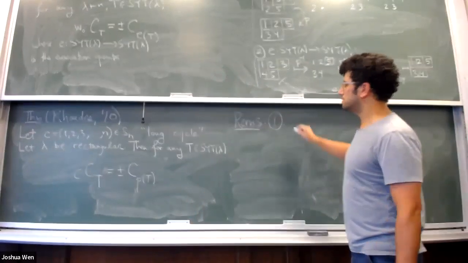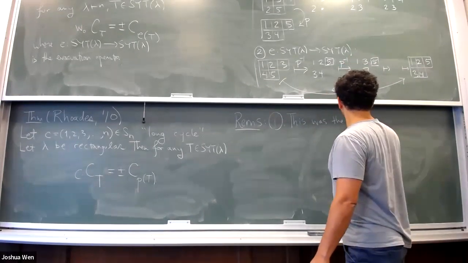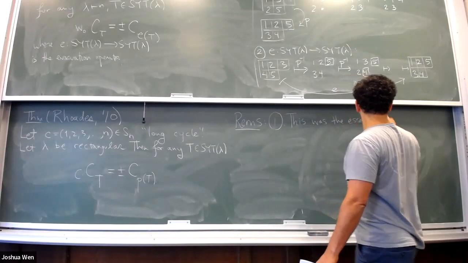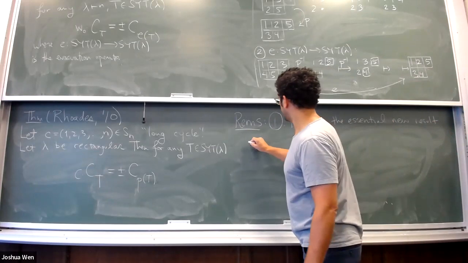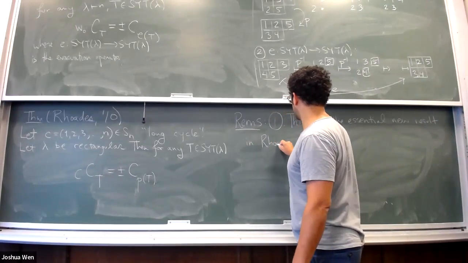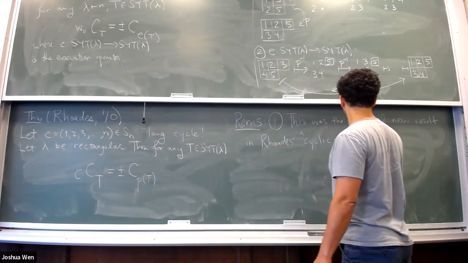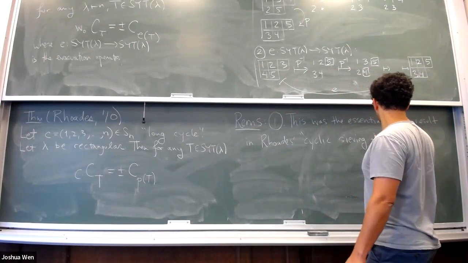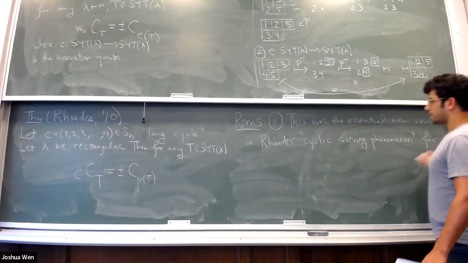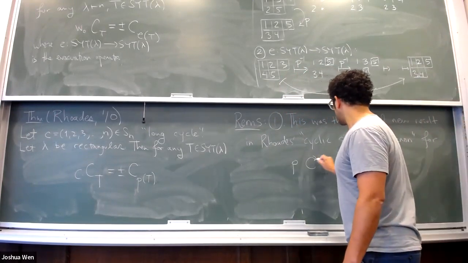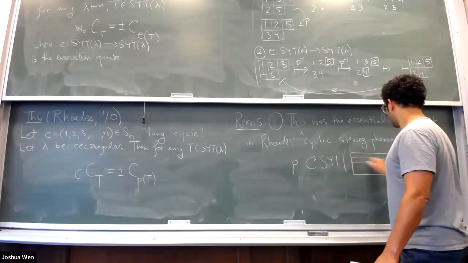One is that this was the essential new result in Rhoades's cyclic sieving phenomenon for the action of promotion on the set of standard Young tableaux of some rectangular shape.